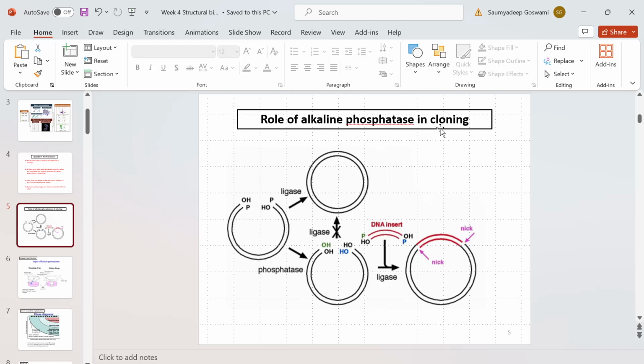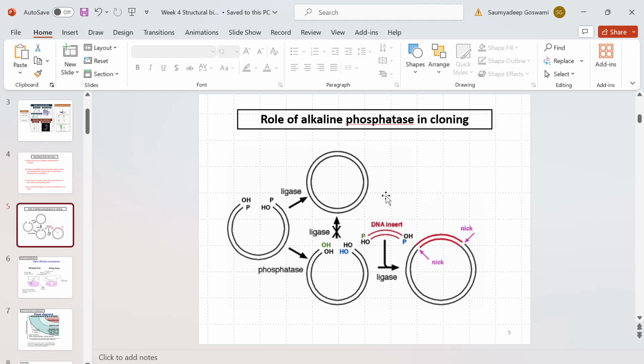So if you do that, only those bacteria which have taken the complete plasmid having that antibiotic resistance gene can survive in that plate, right? But if your inserts self ligate with one another, your insert does not have that antibiotic resistance gene.